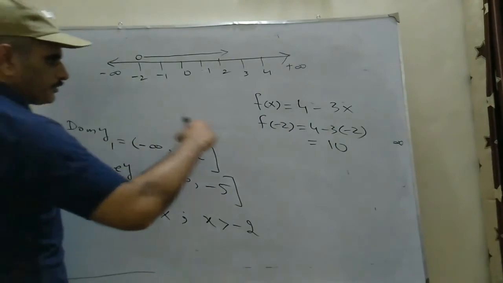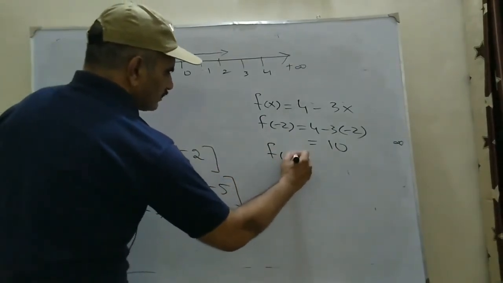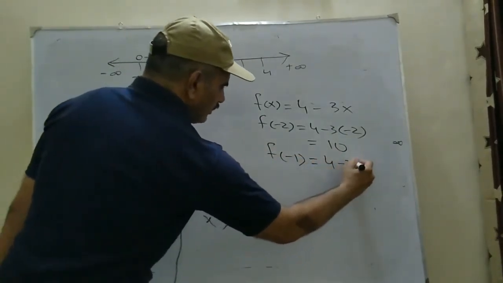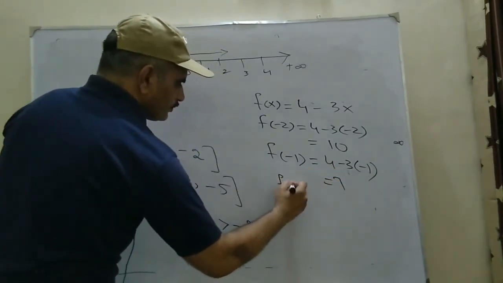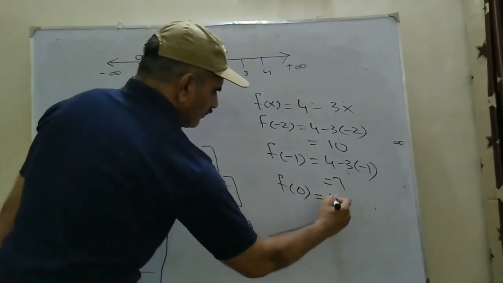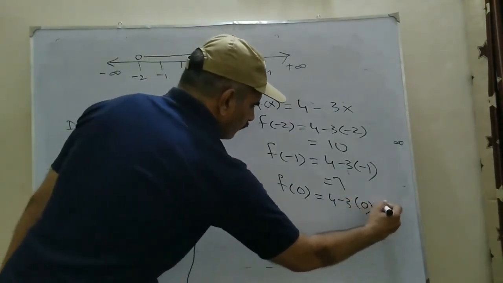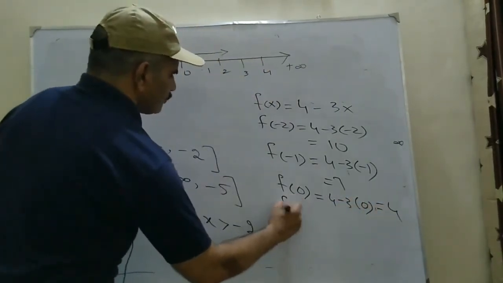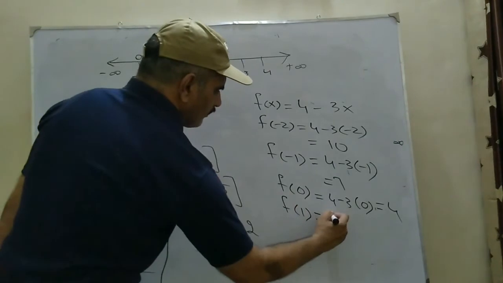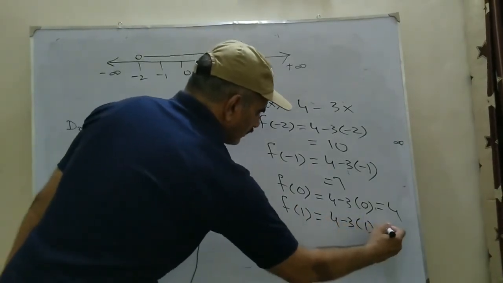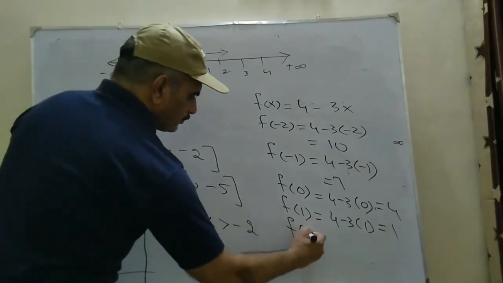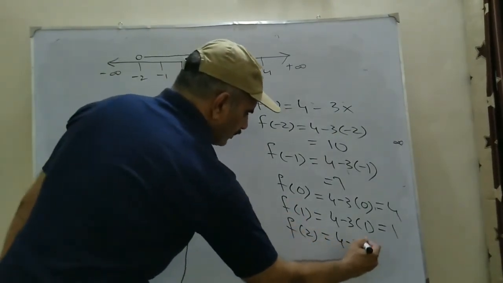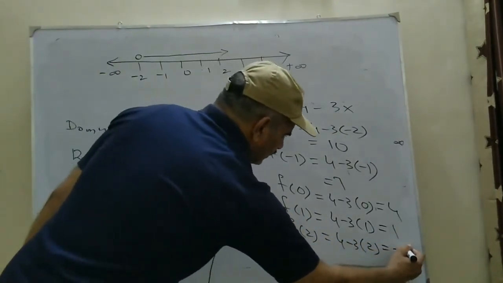If we choose minus 1, the value will be plus 7. If we choose 0, the value will be plus 4. If we choose 1, the value will be positive 1. If we choose 2, so 4 minus 3 into 2, the result is minus 2.